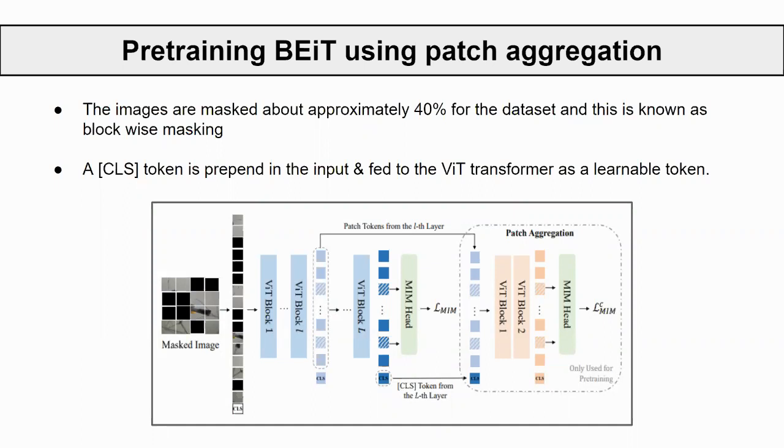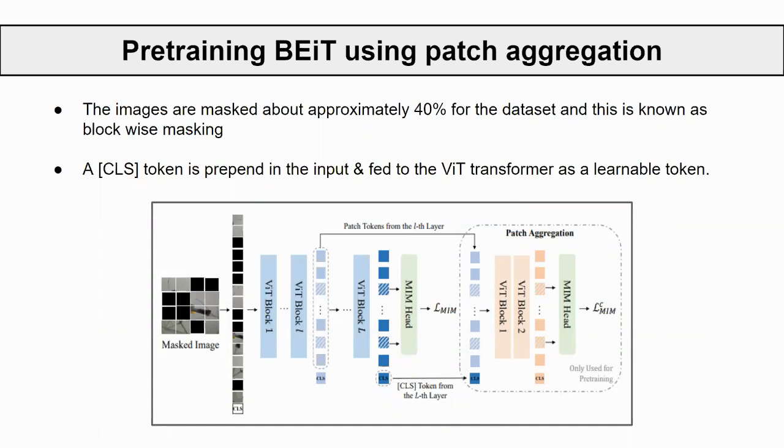This CLS token is pre-trained for global image representation in order to gather information of what an image would have looked like. For example, the masked image over here is a bird. So this CLS token will make sure that it has the highest proximity of the image being the bird.